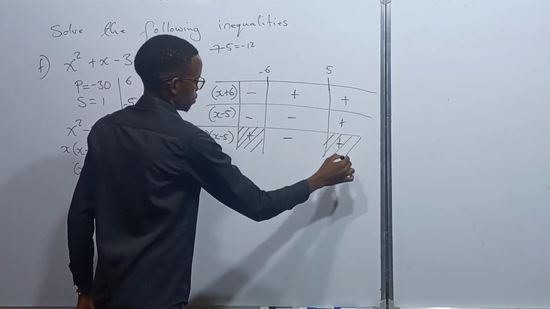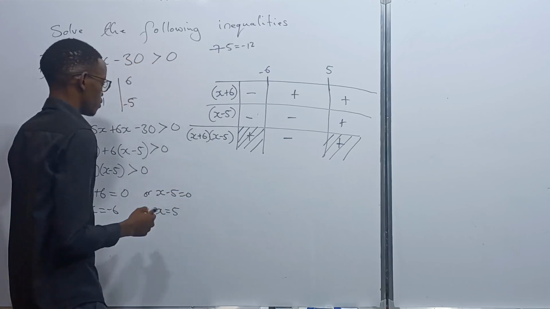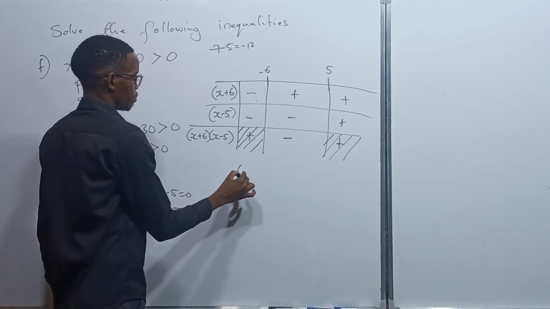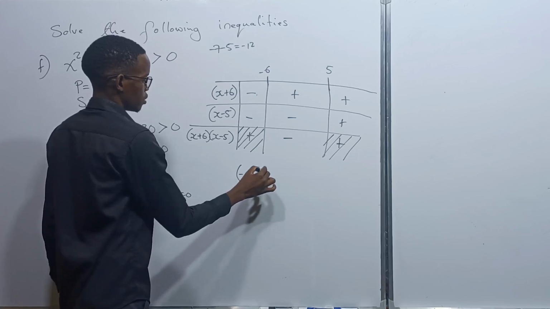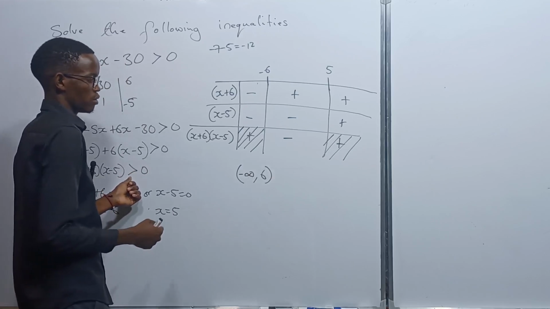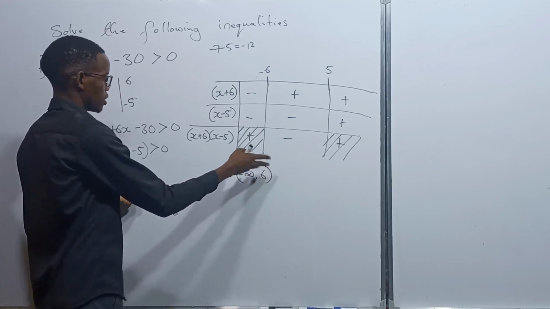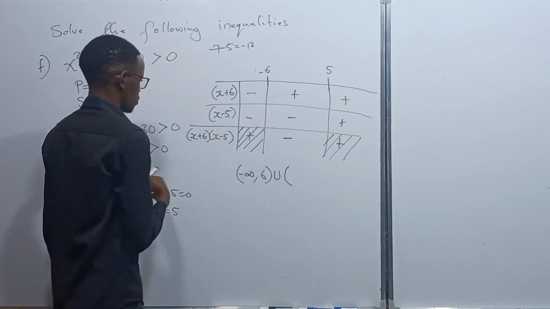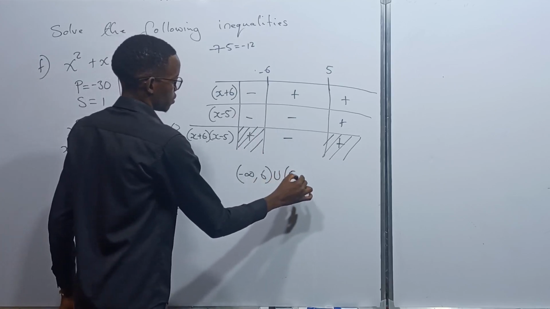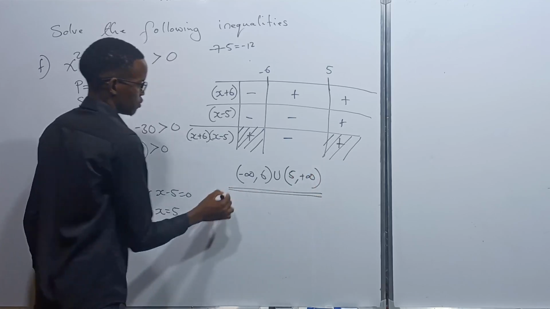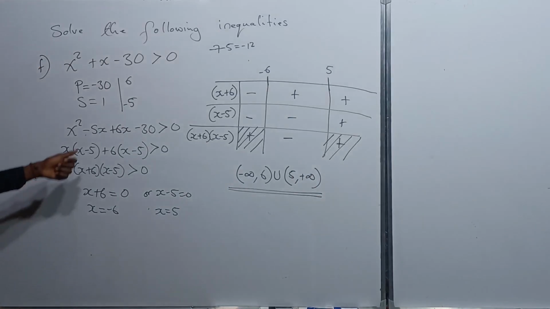In interval notation, we go from negative infinity to negative 6, and because the sign is just greater than, we use a parenthesis. Union, open bracket, 5 is not included, up to positive infinity. So this is the interval where x is correct for this inequality.